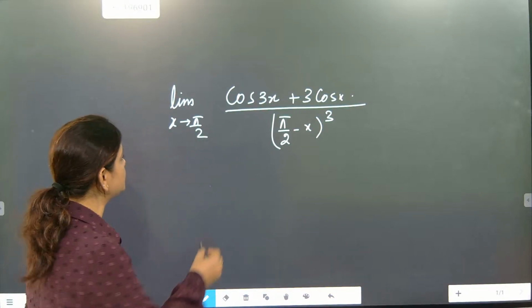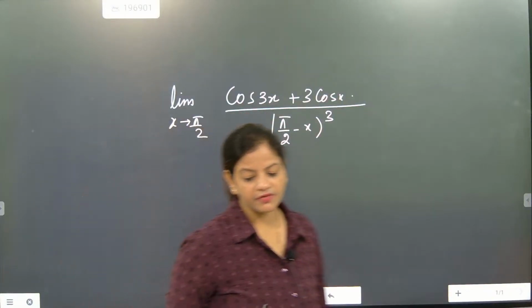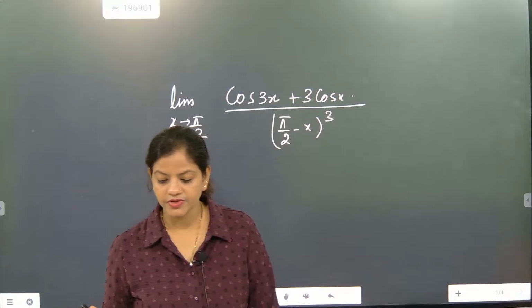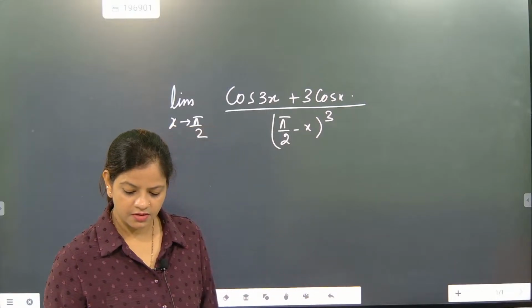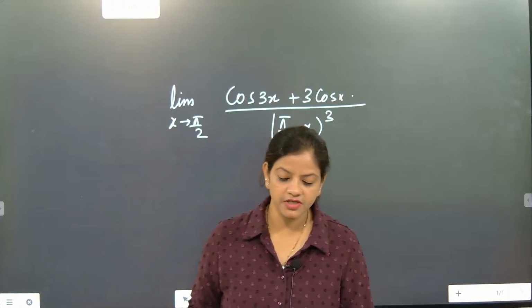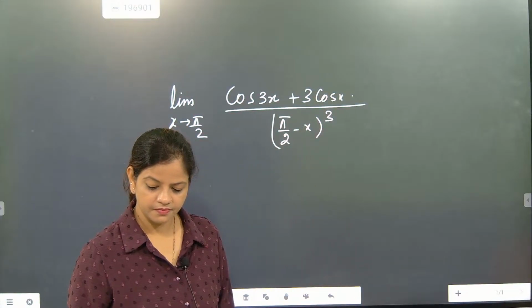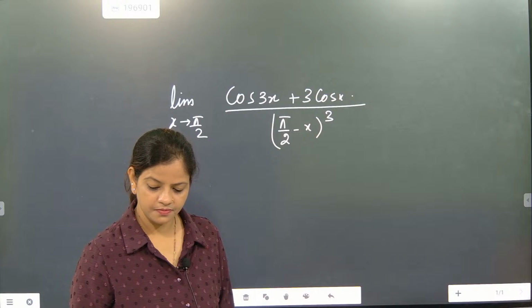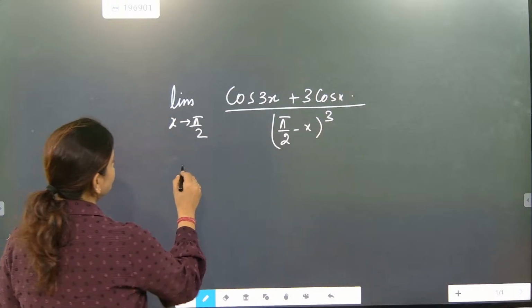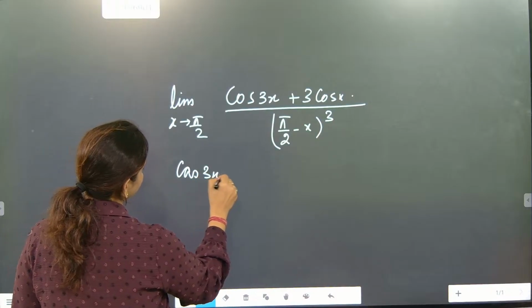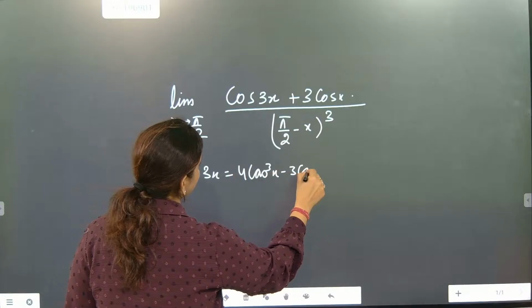We are going to do this work. So now the first work is cos 3x. When these type of questions are given, we don't know how to handle these questions. Now let's check how to handle the question. Let's write this question. So here we know that cos 3x is equal to 4 cos cube x minus 3 cos x.